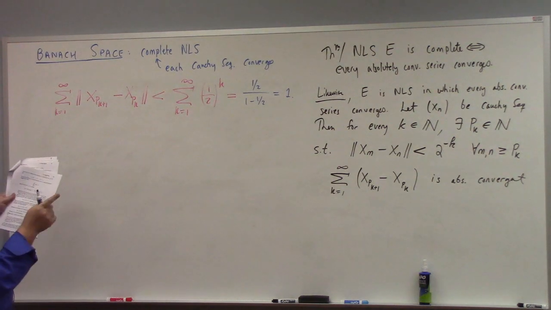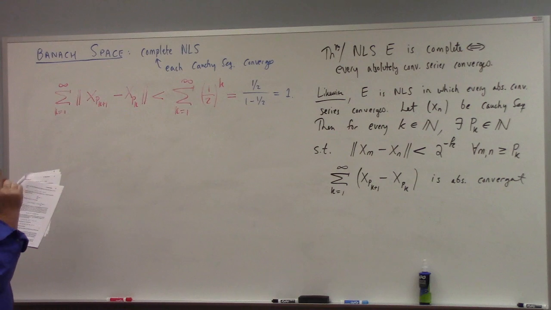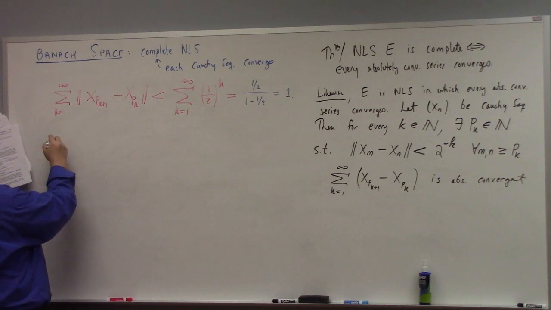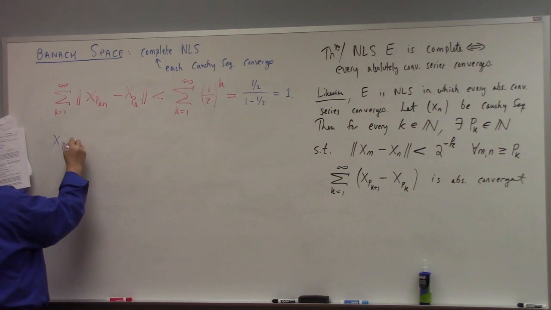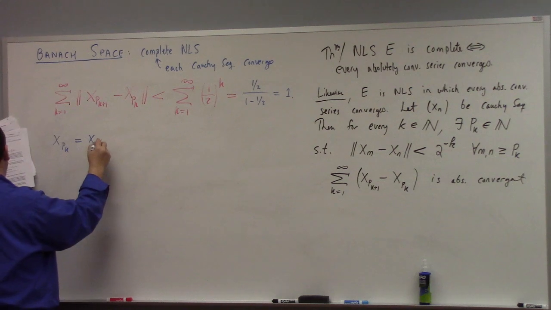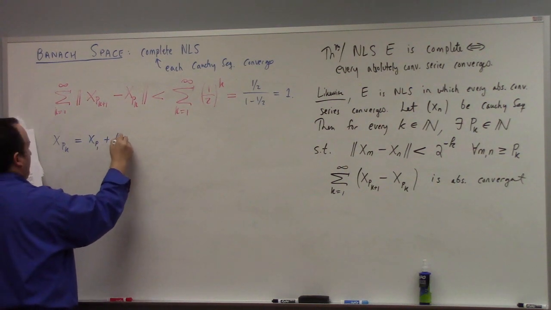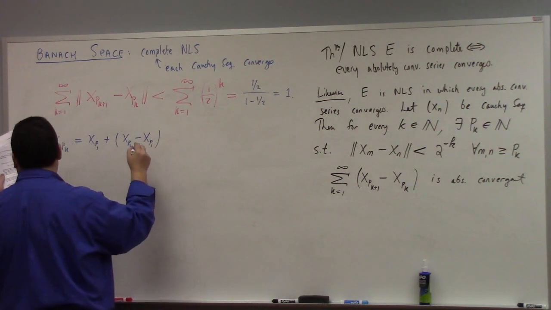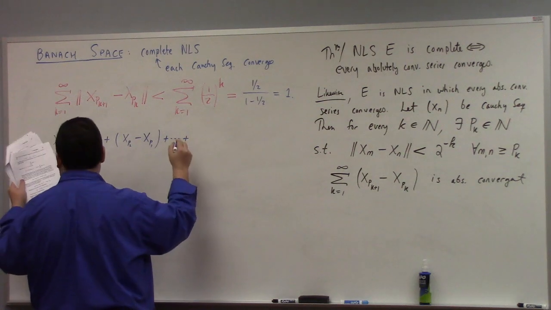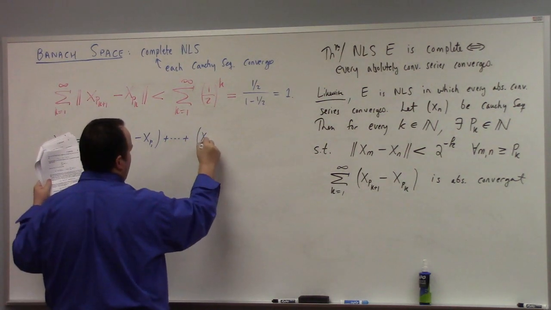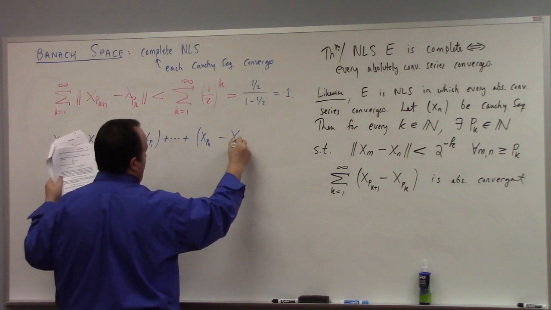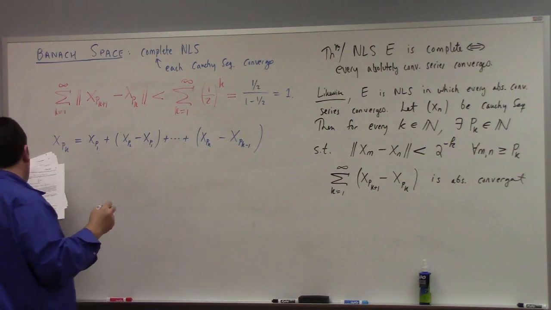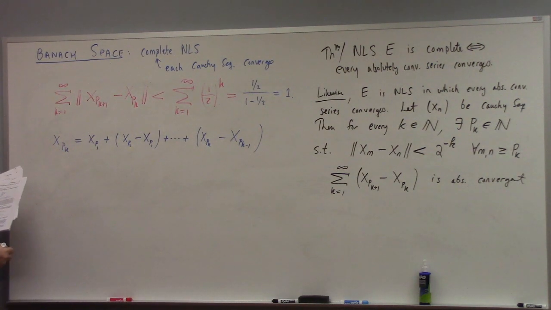And therefore, by our assumption, it's convergent. Thus, the sequence x_{p_k} equal to x_{p_1} plus (x_{p_2} minus x_{p_1}) plus dot dot dot plus x_{p_k} minus x_{p_{k-1}} converges, right?